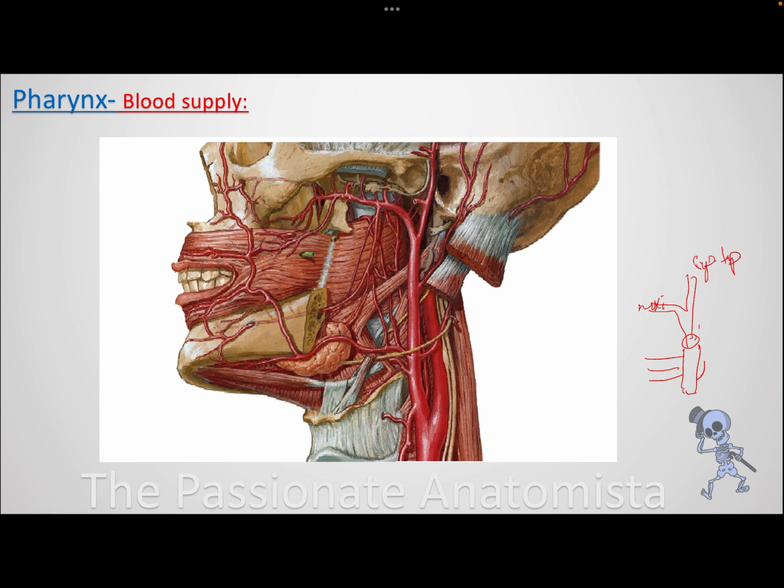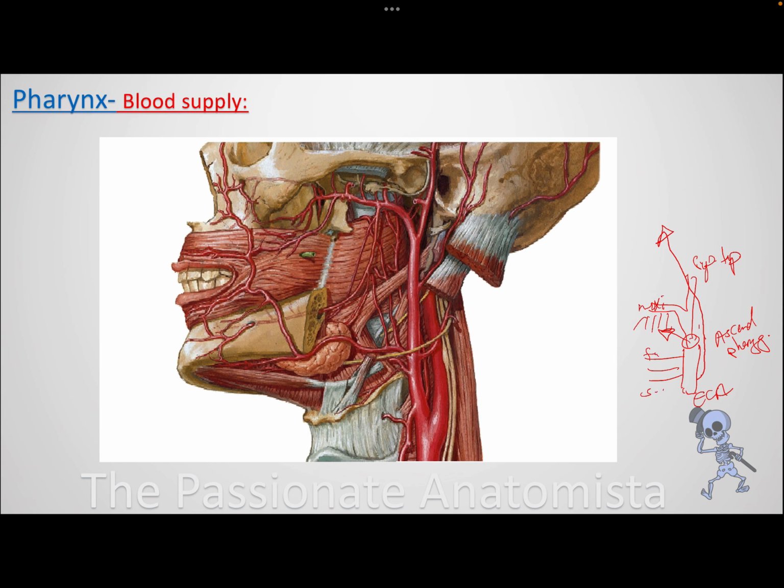And there is one artery that comes from the external carotid artery itself, that is the ascending pharyngeal. Because the name is ascending pharyngeal, it makes sense that it gives supply to the pharynx, okay? So maxillary gives pharyngeal branches, ascending pharyngeal gives supply to the pharynx, and also the facial.